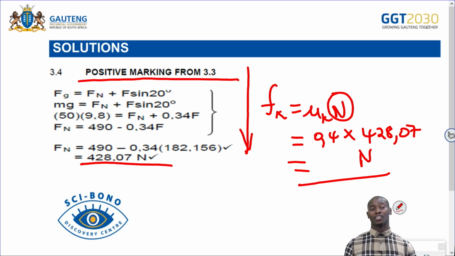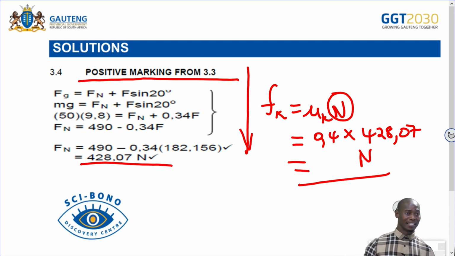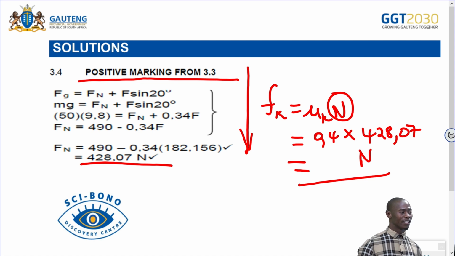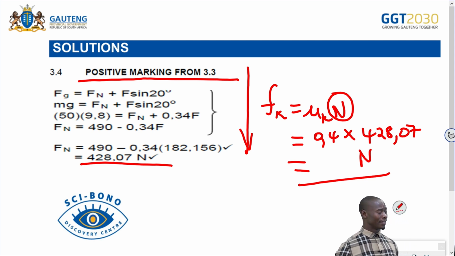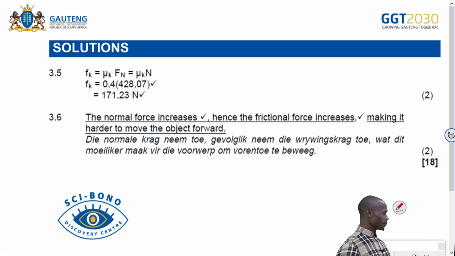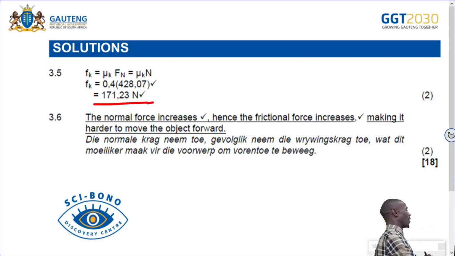It's unfortunate that you didn't get 3.3 correct. You understand that? Right? But make sure that you don't leave questions unattended, and even if you are not sure, as long as you continue with those answers, you are going to get all the marks for the following questions, right? Then this is what they got here, 171.23 for the Fk.